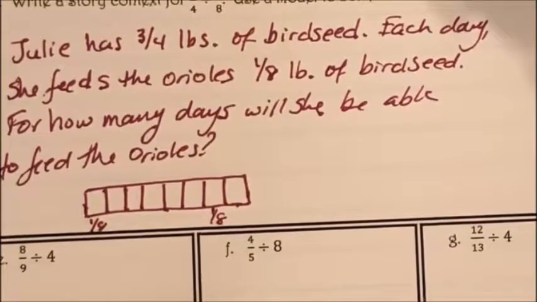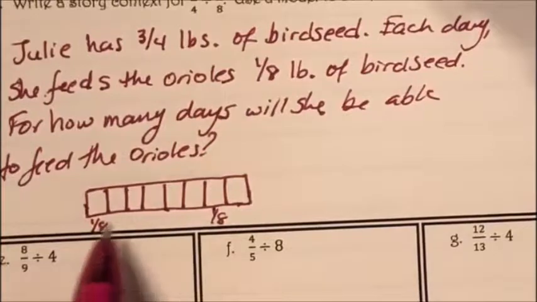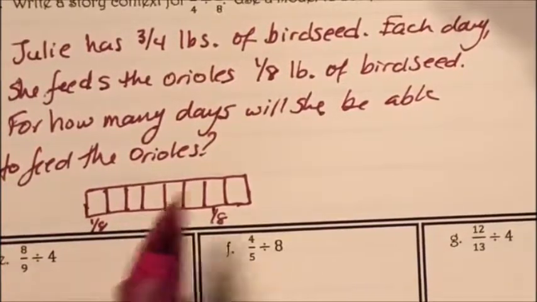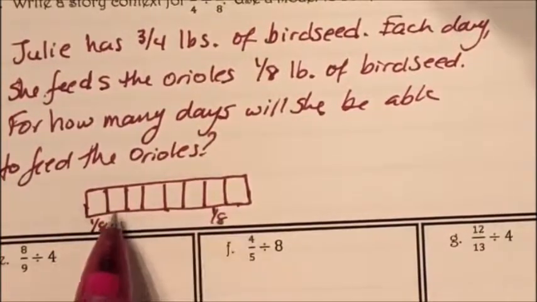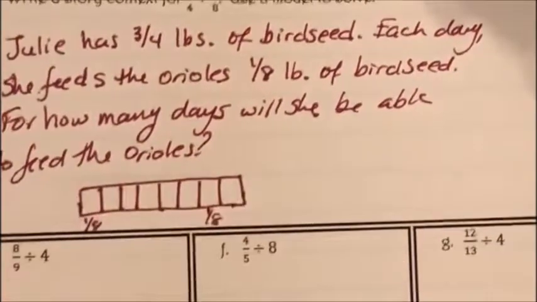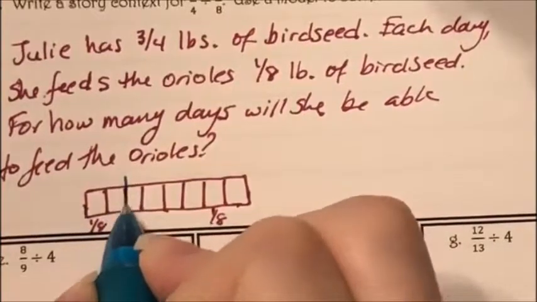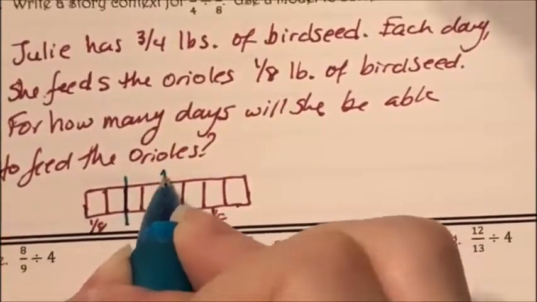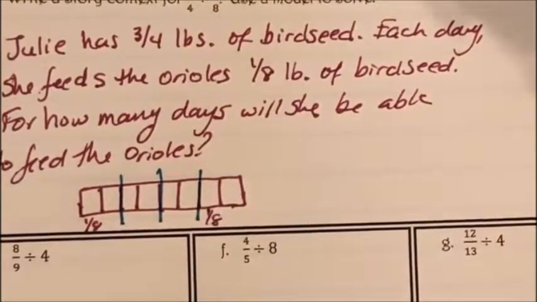And I want 3/4. In order to figure out how many 1/4 is, we'll start there. I have 8 of these, so that means 2 of them is a 1/4. There's 1/4, 2/4, 3/4.